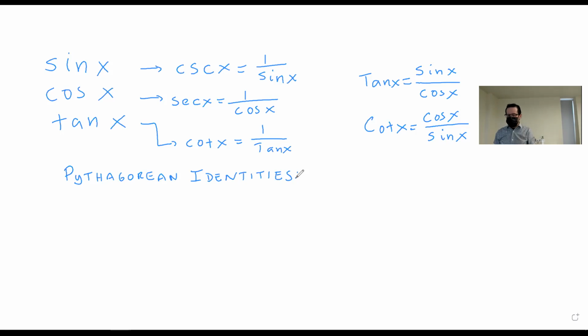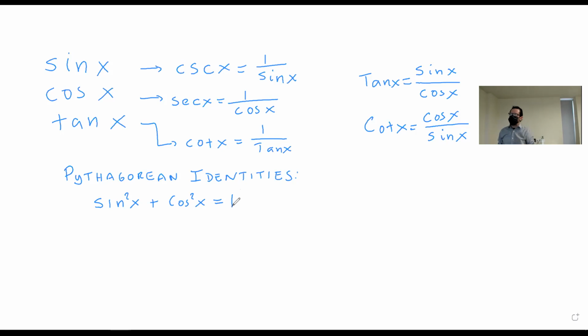So the first one, the basic one, is sine squared plus cosine squared is equal to 1. And that is derived from the unit circle that helps us to define the sine and the cosine.